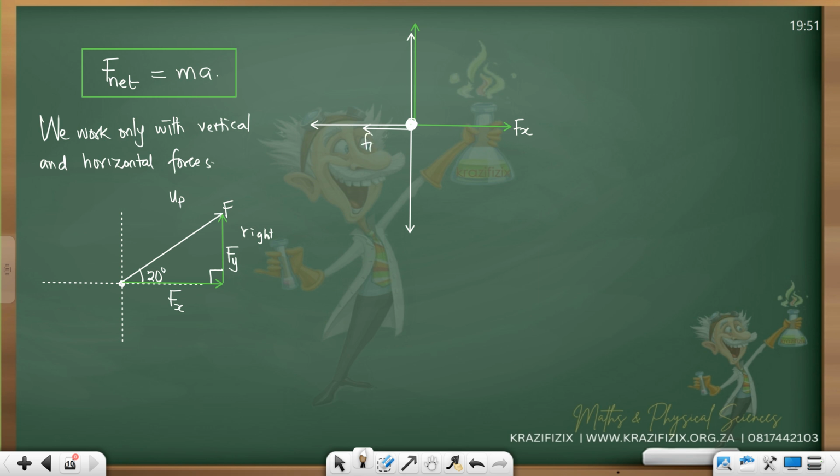Fx, friction, tension, gravity. What's that one? Fn. And F what? Fy. Please, that one we are not going to negotiate. You have to change everything to what? Vertical and horizontal.